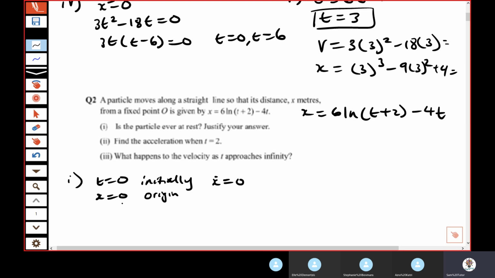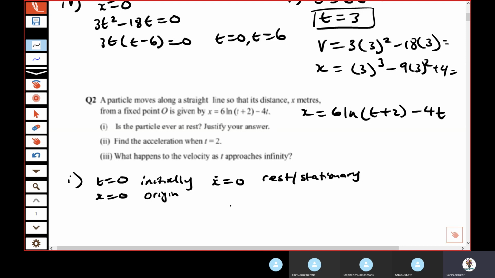You might not be at the origin, yet your car's still at rest. So you've got to be very careful with that. At rest is where velocity is 0. Rest and stationary are two words that mean the exact same thing.